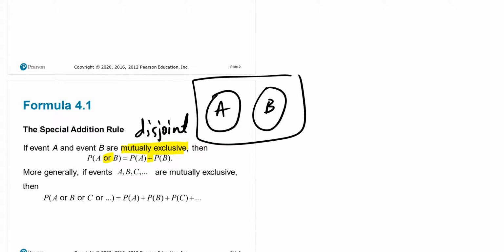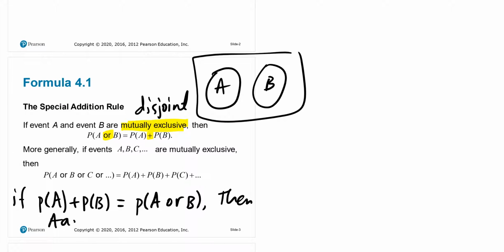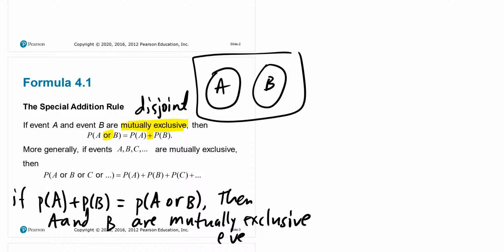Now, also let me add here, if it goes the other way around, if the probability of A plus the probability of B equals the probability of A or B, then we can say A and B are mutually exclusive events.